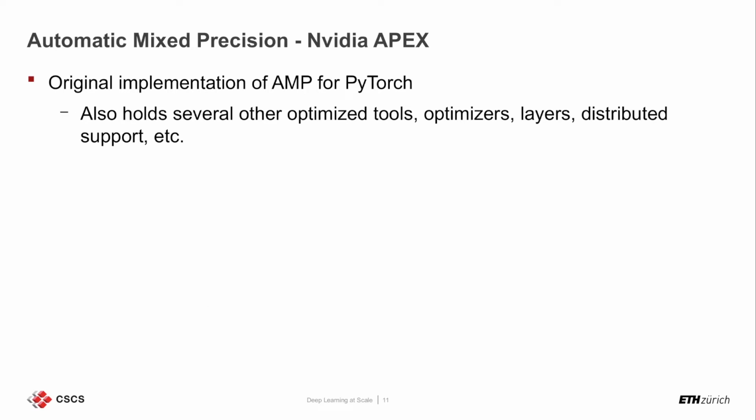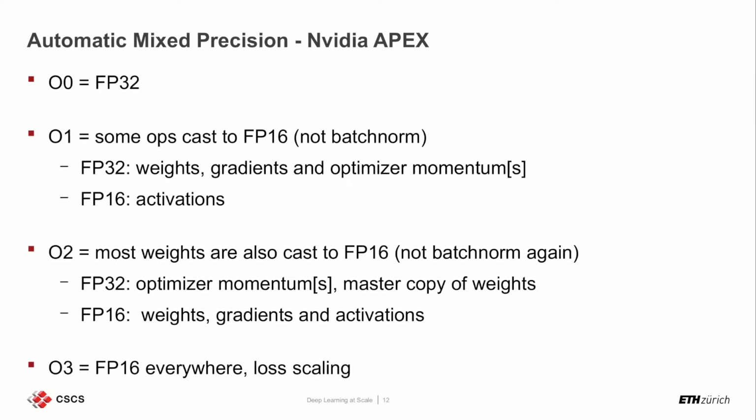And NVIDIA is constantly adding more stuff to it. For example, it has fused batch norm recently and fused layer norm. We could actually speed up your training, so it's worth checking it out. So it basically has the CUDA kernels for some parts of the model that could be optimized, right?